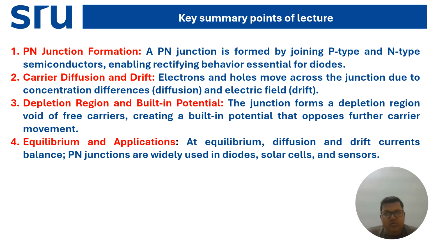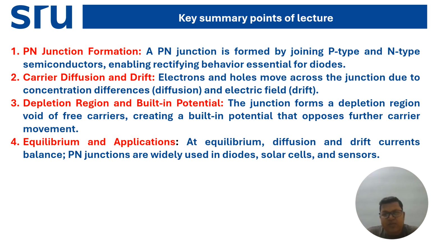Electrons and holes move across the junction due to concentration differences, that is called diffusion, and electric field, that is called drift. Another point which we learned is the depletion region and the built-in potential. The junction forms a depletion region void of free charge carriers, creating a built-in potential that opposes further carrier movement.